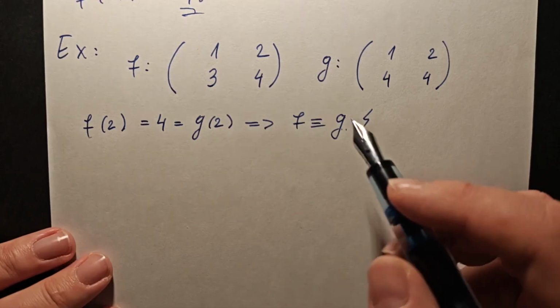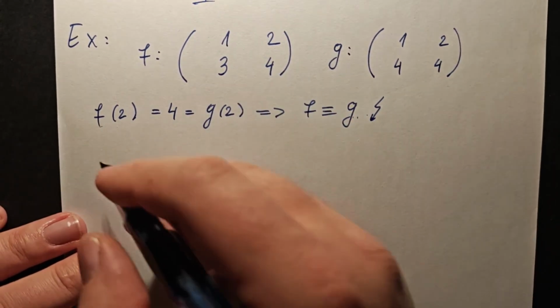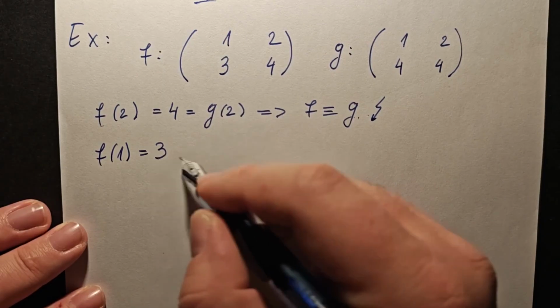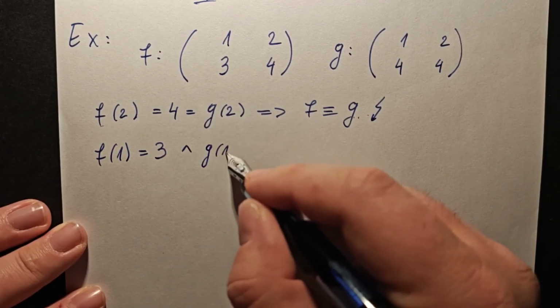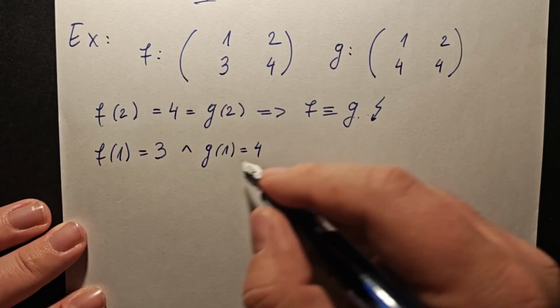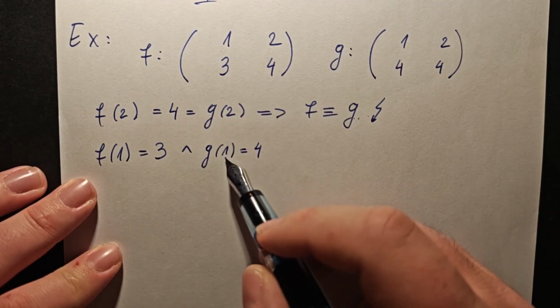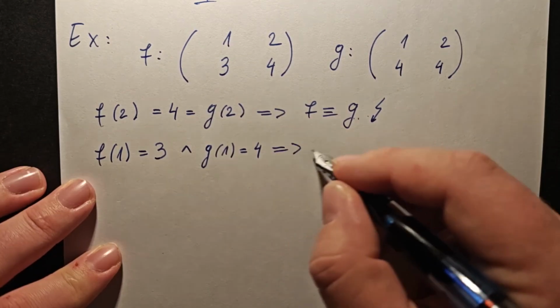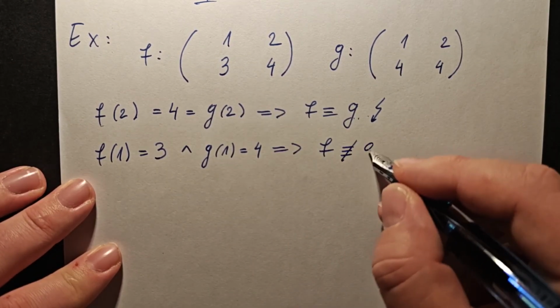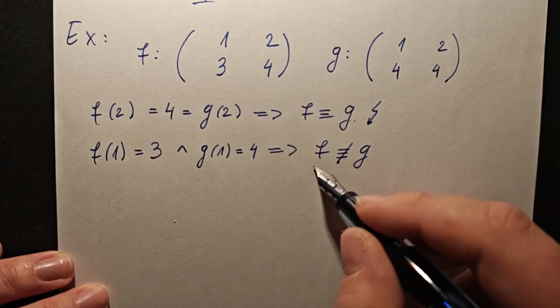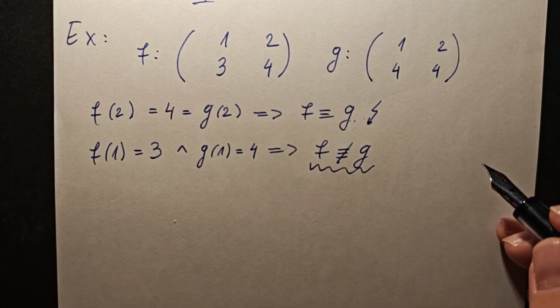Why? Because there exists this number 1, where f of 1 is equal to 3, and g of 1 is equal to 4. So we clearly have that f of 1 is different from g of 1, and that means that f and g are not the same function. They are completely different. So this is true logic.